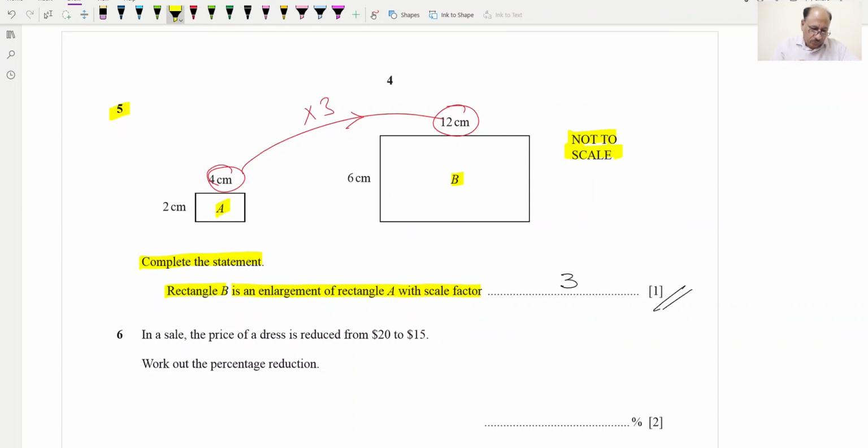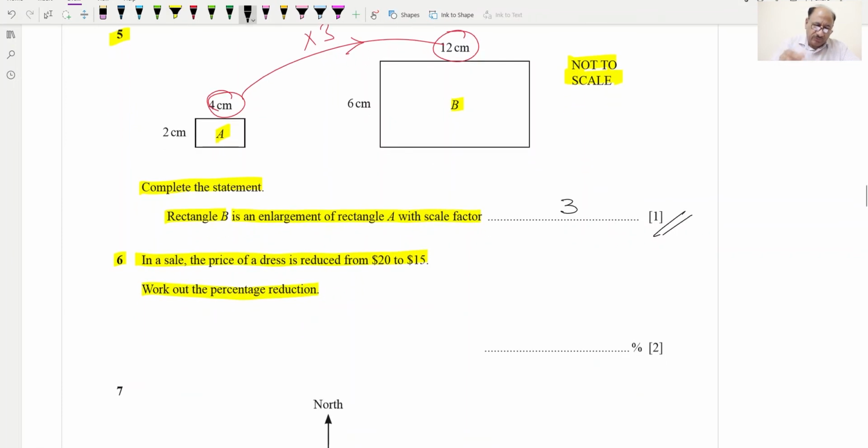And this is one more question. Now question number 6, in a sale the sale price of a dress is reduced from $20 to $15. Work out the percentage reduction. The reduction is 20 minus 15, which is $5. So 5 is the reduction against $20.